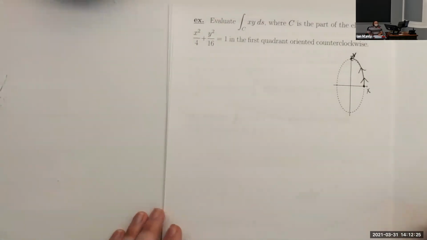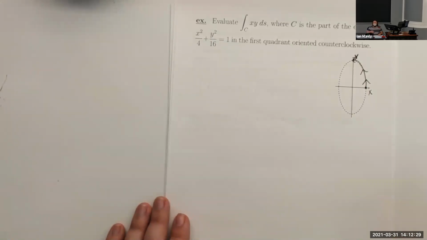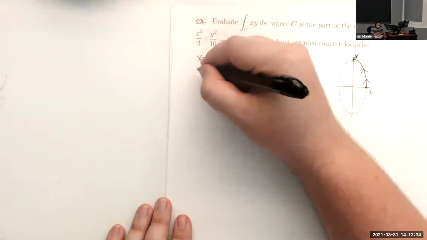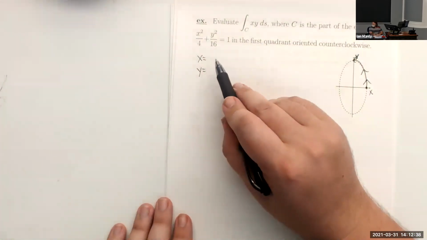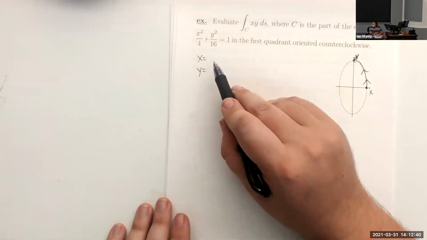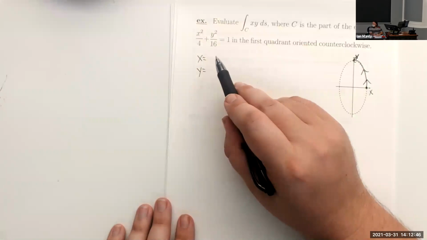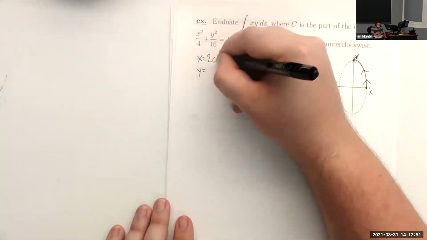All right, before we do this, we need to come up with a parameterization of our ellipse. And thankfully, we just reviewed that. So if I want a counterclockwise parameterization of my ellipse, what is x going to be? What am I going to write for my x parameterization based on what we learned earlier? 2 cosine of t, that's right.